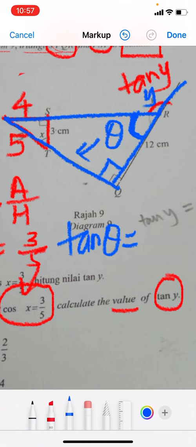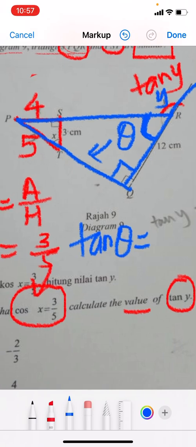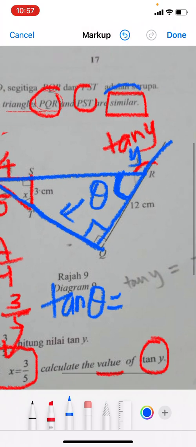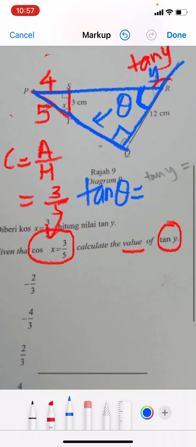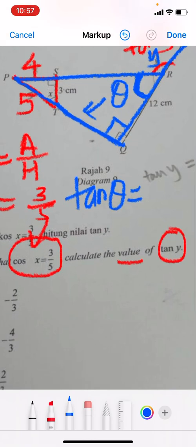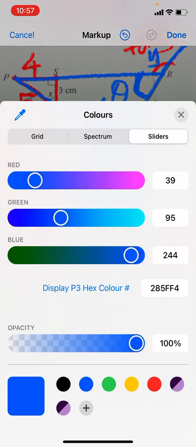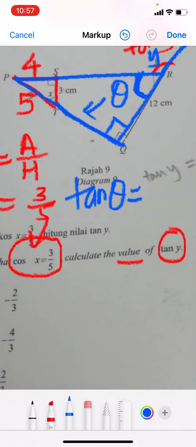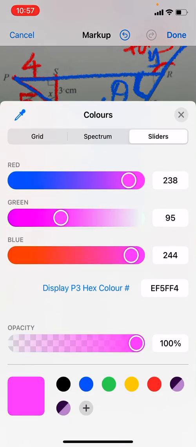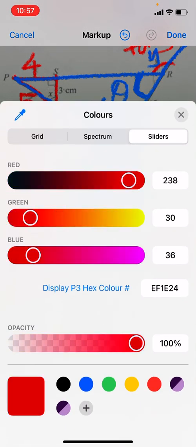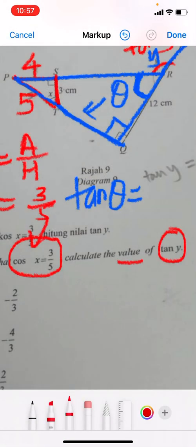So the problem is I don't have the length for this part, right? I have 5, but I cannot do anything with the 5. But the question mentioned similar to tell you that these two triangles are similar. That means the red triangle just now and the blue one are similar. So let's see.